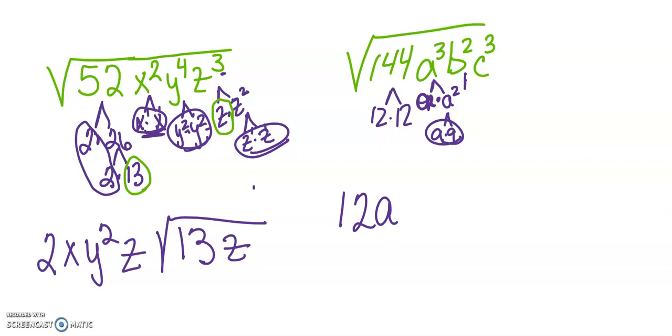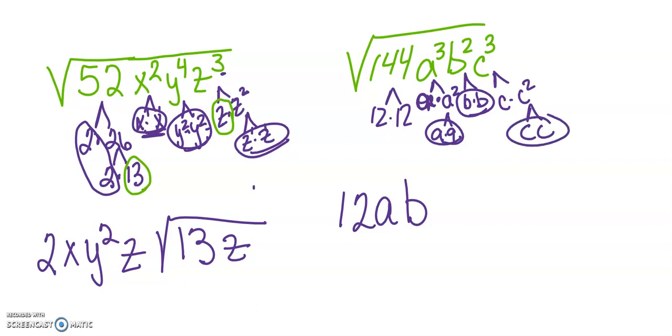B squared can be written as b times b. We have a pair, so b can come out. C cubed, we'll write it as c times c squared, and then we can split c squared up into c times c, so a c will come out.